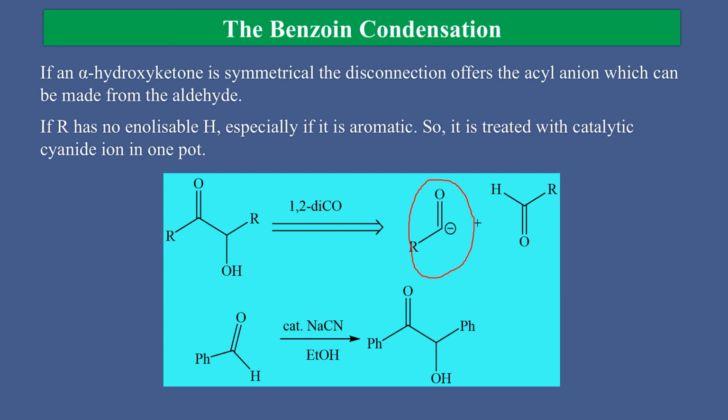But if the R has no ionizable hydrogen, especially when it is aromatic, it is treated with catalytic cyanide. For example, this is benzaldehyde. Here there is no ionizable hydrogen. When it is reacted with a cyanide ion, the required product is this alpha hydroxyketone.